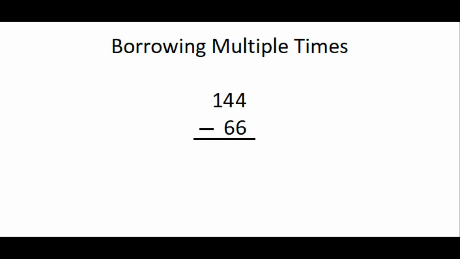To borrow, I'm going to cross out 4 because I am borrowing 1. So we're going to borrow 1 by crossing out 4, and 4 becomes 3.